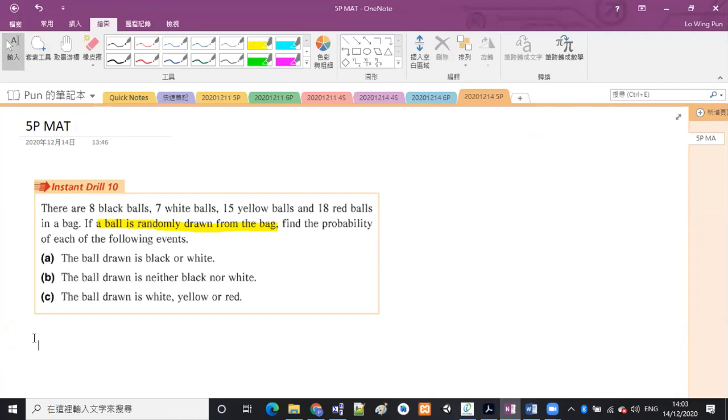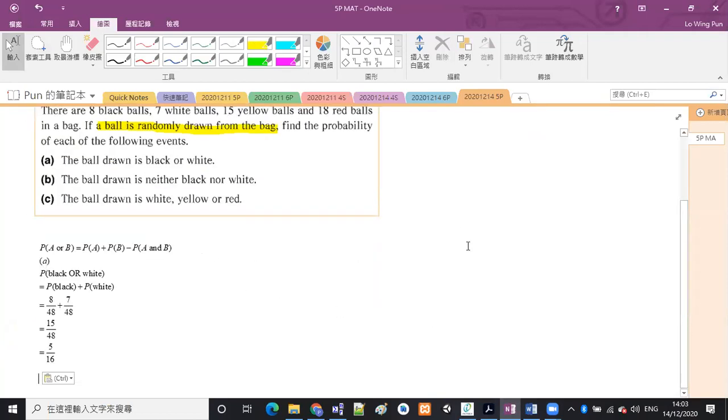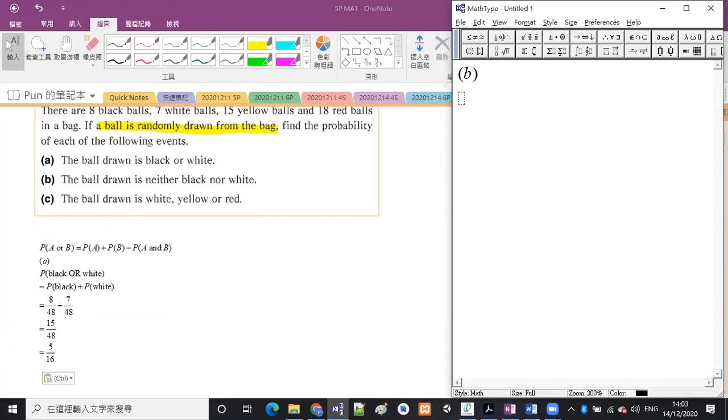Get it? For part B, we want to find the probability that the ball is neither black nor white. I don't want black, I don't want white. But in part A, we have just found the probability of choosing a black or white, and this time in part B, I don't want them.